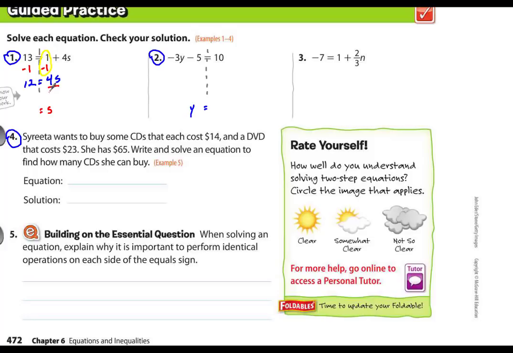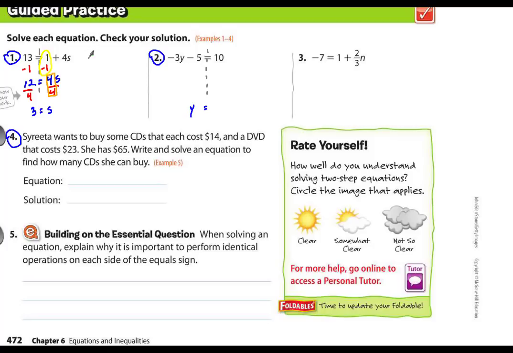Then I'm going to undo the multiplication. When I undo the multiplication, that turns into the number 1. So I've got 1 times s would be s. And when I divide the 12 by 4, 12 divided by 4 would be 3.